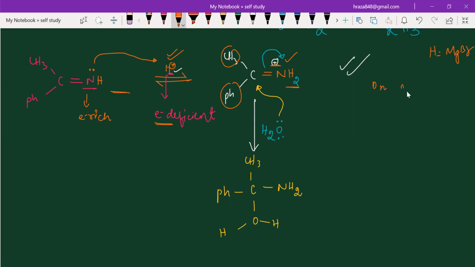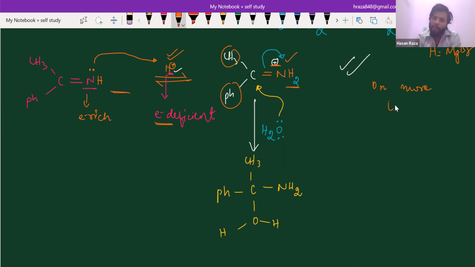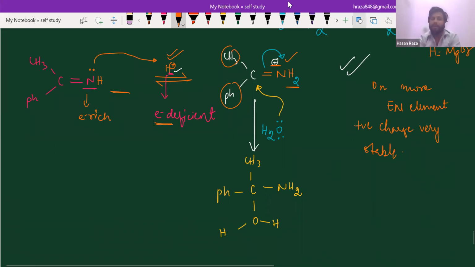Now, on a more electronegative element, a positive charge is very less stable. Are you getting my point? Nitrogen is the third most electronegative element in the periodic table, so it is very less stable when it has a positive charge.